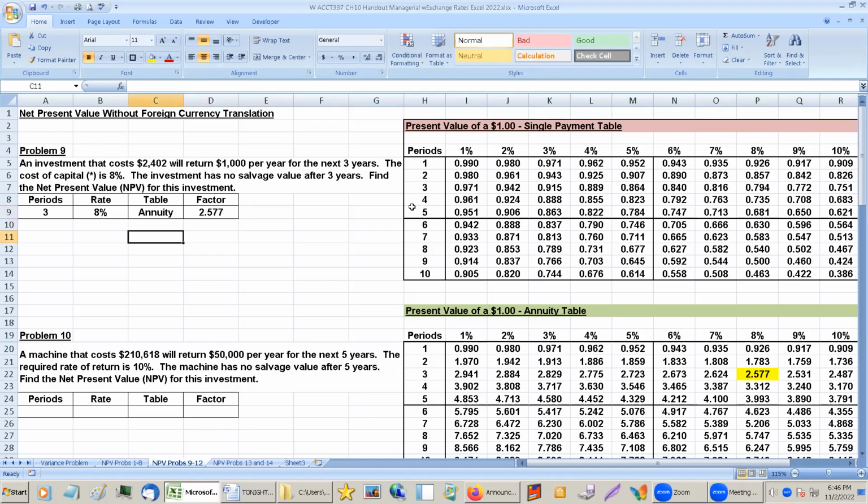Okay, so here's what we're going to do with this. The investment is worth the negative.